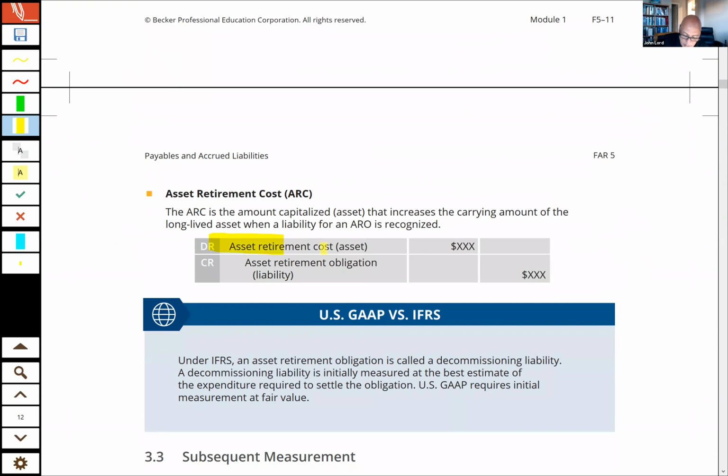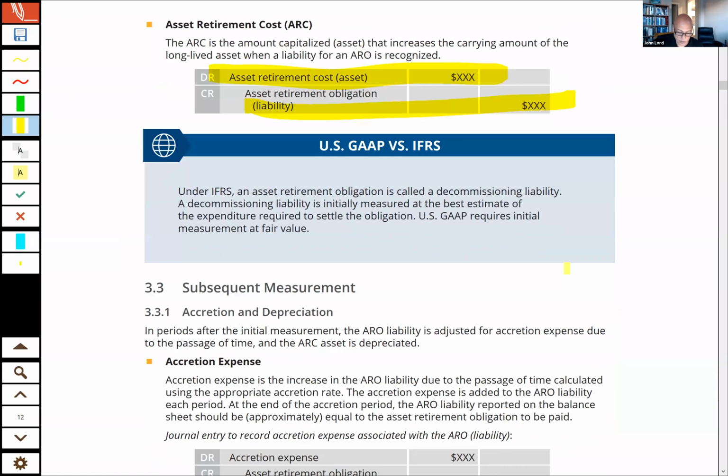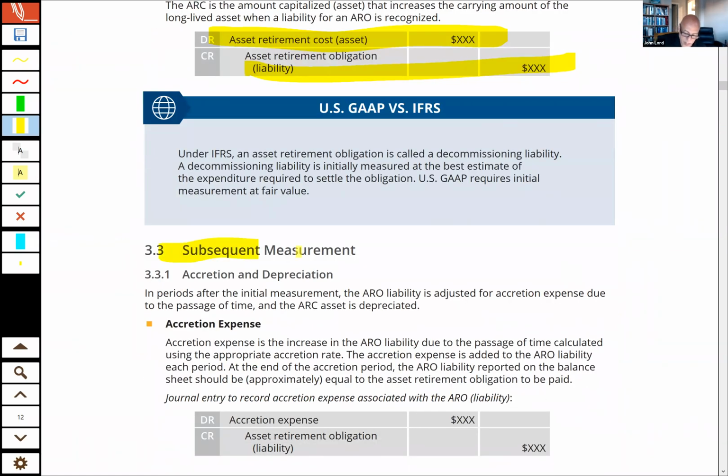Okay, and let's take a look at the asset retirement obligation, and we will debit asset retirement obligation cost, an asset, and we will credit the liability. Okay, now what will happen? We will have subsequent measurement, and we'll take accretion and we'll take depreciation.